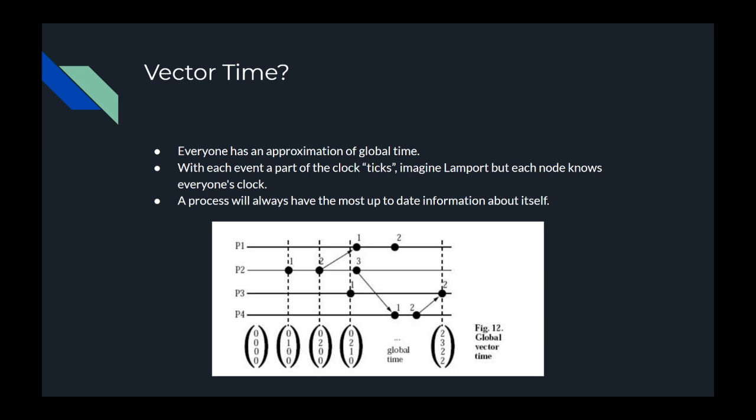Another important thing is a process will always have the most up-to-date information about itself, because whenever it triggers its own event, that's the most up-to-date. Like we saw earlier in those graphs, you have 4 nodes, everyone has 4 nodes of global time, and they update each other based on when events are passed around.